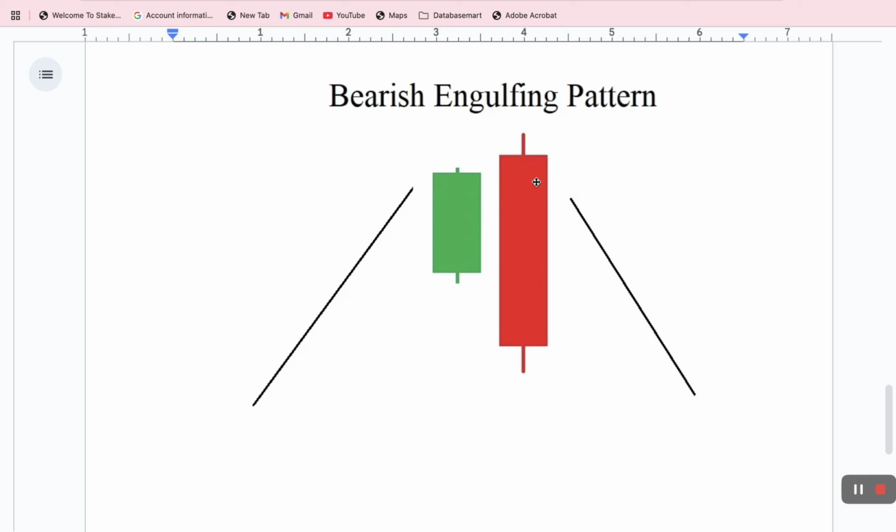The second candle is a large candle that totally engulfs the previous candle. That is called a bearish engulfing candle. When you see this signal, start preparing to sell with full confirmation.